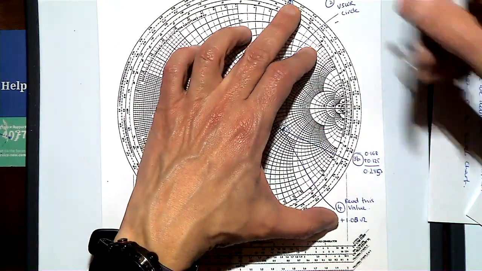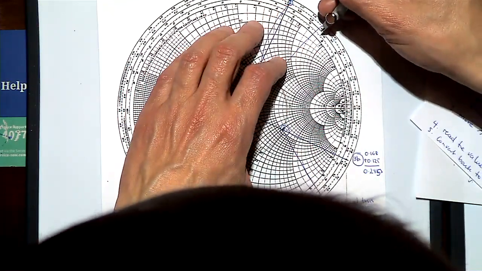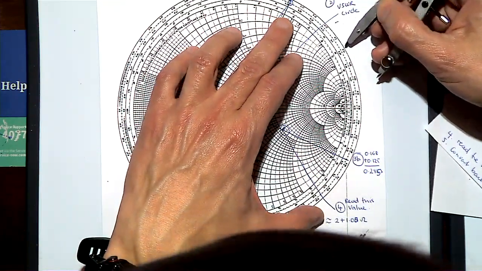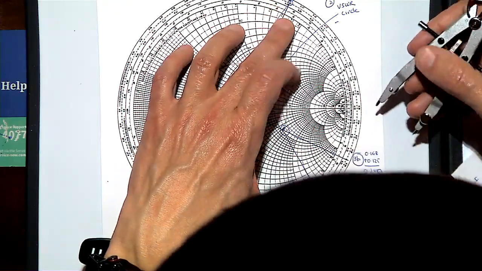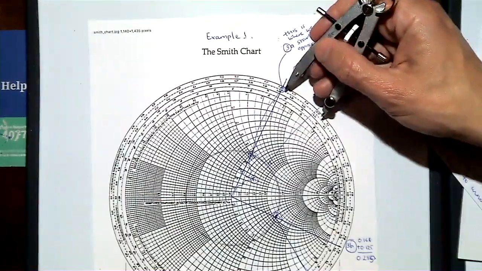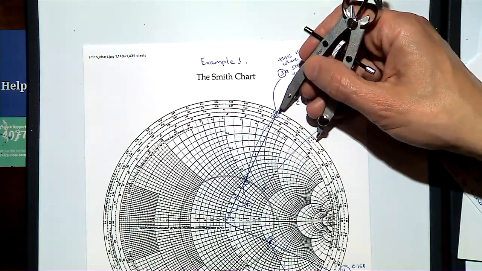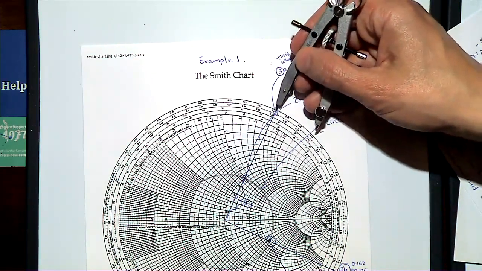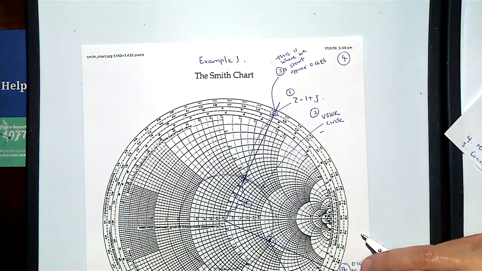Now, if I want to add a length of L on 8, essentially I move around in the clockwise direction a distance of L on 8. In this case, if I start at 0.16 and I want to add 0.125, I have to get to 0.285, so I move until I hit 0.285, which is roughly here.